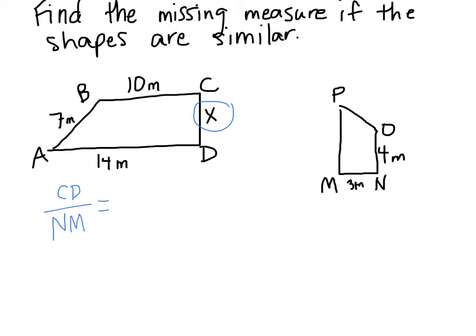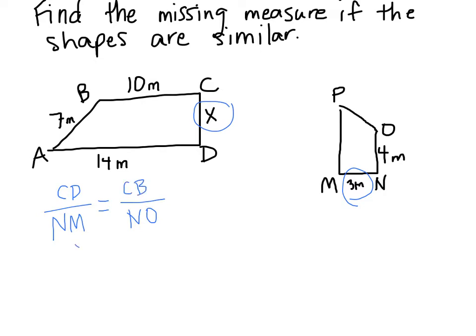Now I have to say, okay, I have lots of other measures. So I've used CD and MN, and if I look back at the trapezoid, ABCD, I have lots of measures. So I need to find a measure that corresponds with another measure. So if I look at this trapezoid, 4 meters is the only one, and so I need to find the one that corresponds with NO, and the one that corresponds with NO is CB.